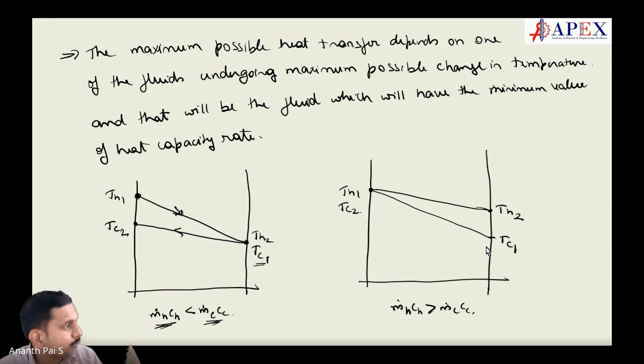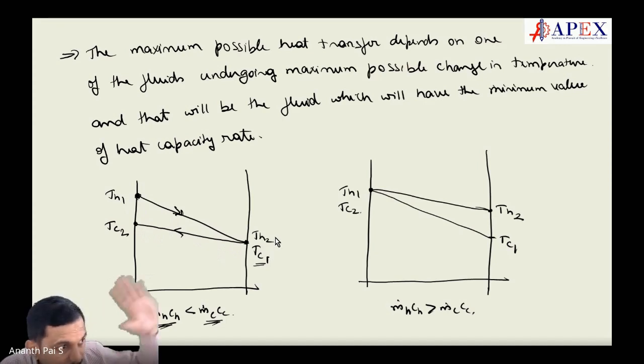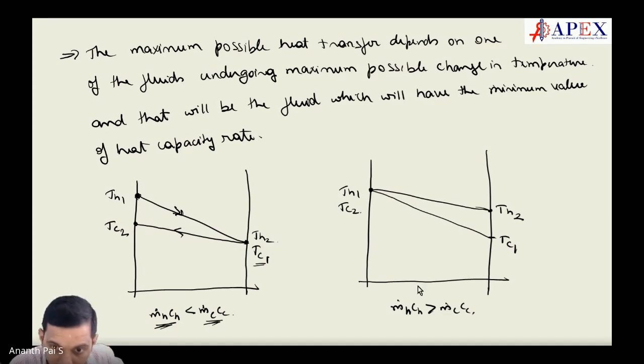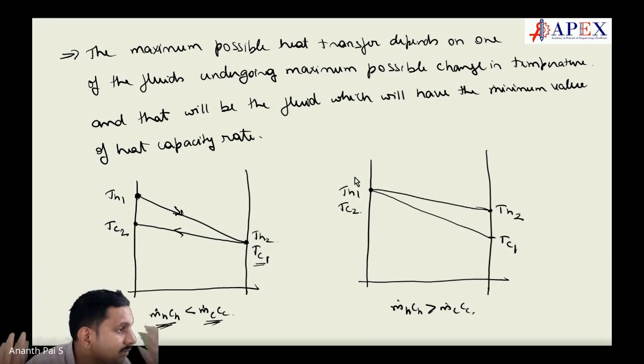When one of the fluids, say the hot fluid, reaches the cold fluid's entrance temperature when it is coming out, or the cold fluid reaches the hot fluid entrance temperature, that is the maximum possible heat transfer.